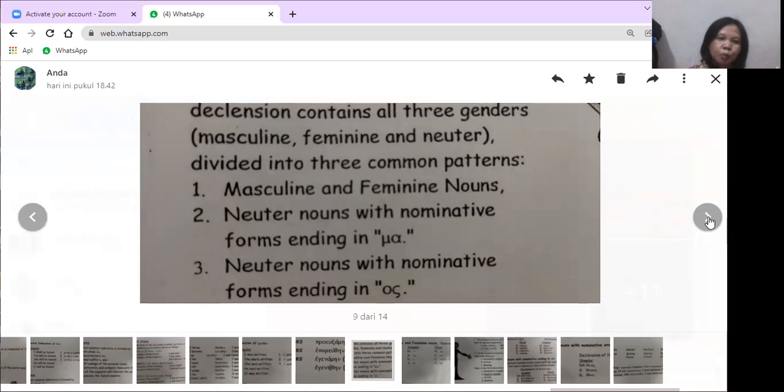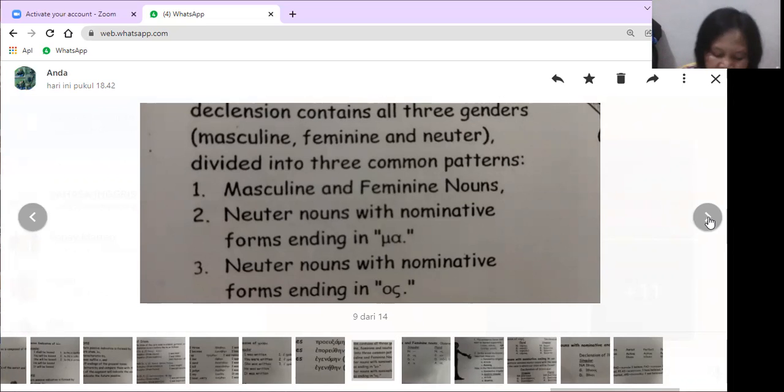And then we will learn about declension. We have learned about declension in the last meeting in our class, and now I would like to remember a little bit of declension.